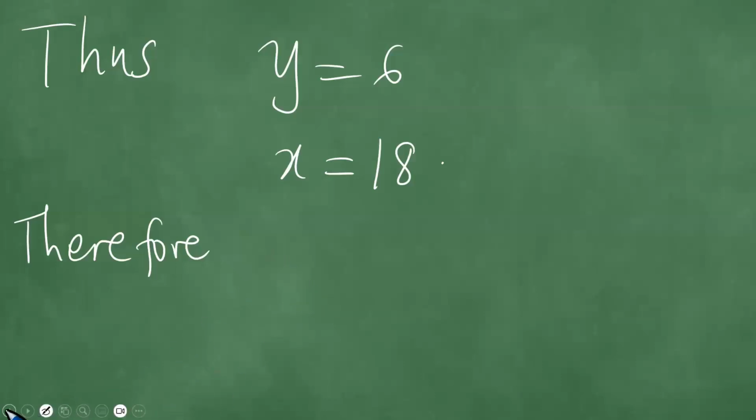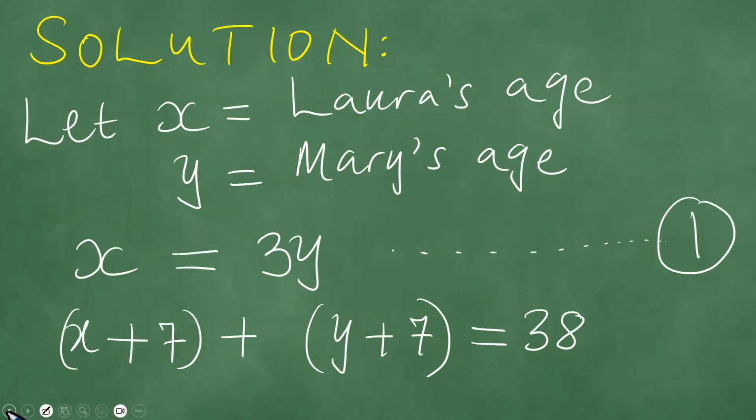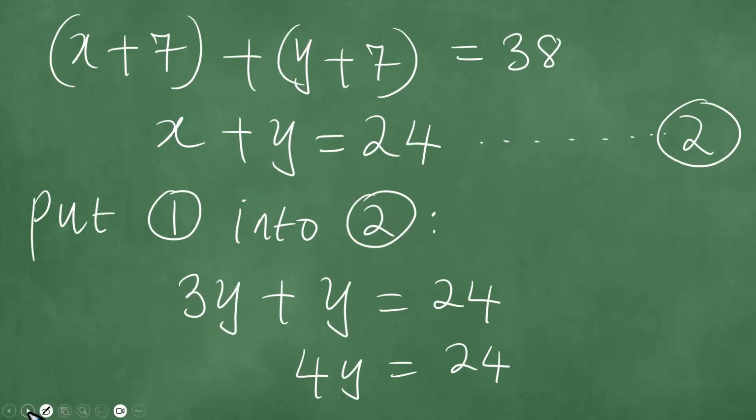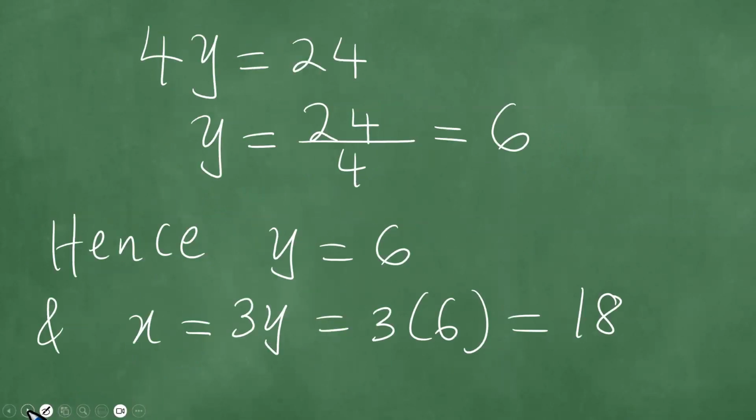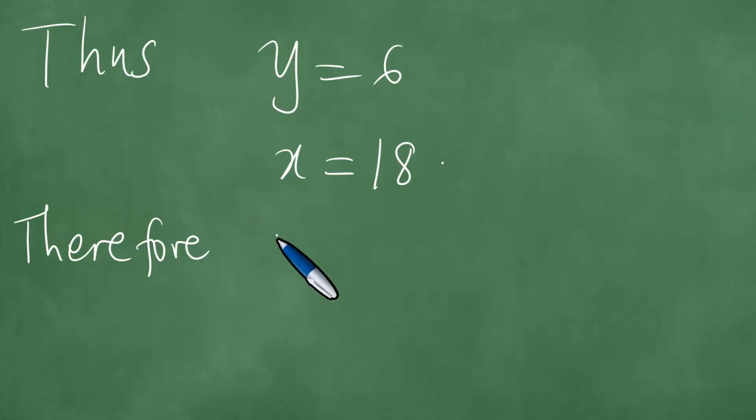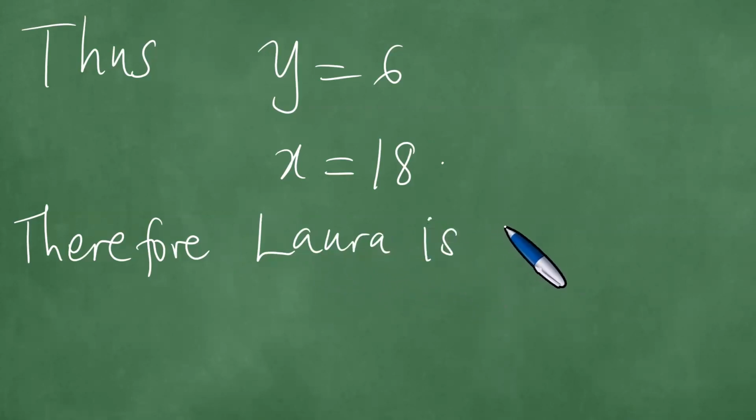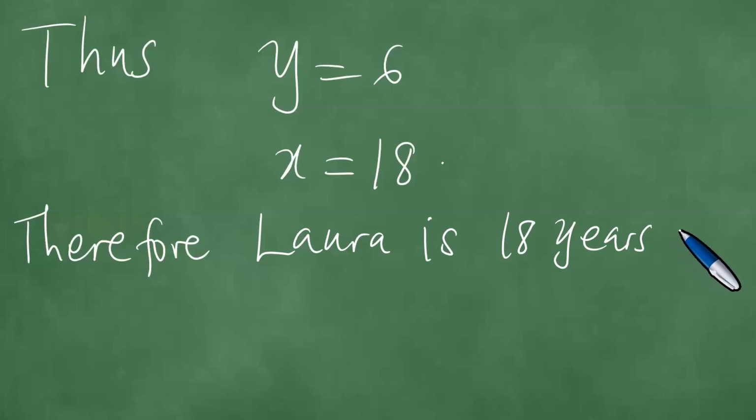now we would have to remember our initial supposition, because we supposed that x is Laura's age. Right, so x is Laura's age and y is Mary's age. So we then say, therefore, Laura, which is x, is 18 years old.